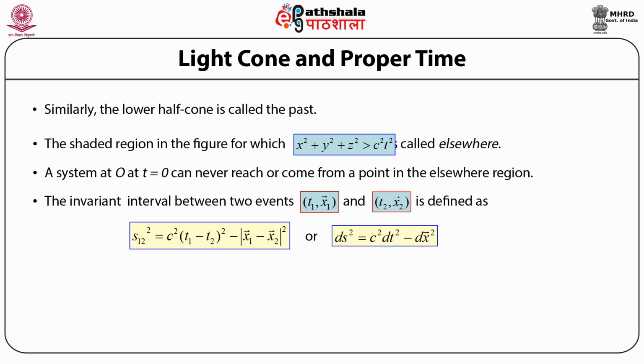We can further write this as ds squared equal to c squared dt squared minus dx vector squared. This ds squared quantity is the invariant interval between the two events.